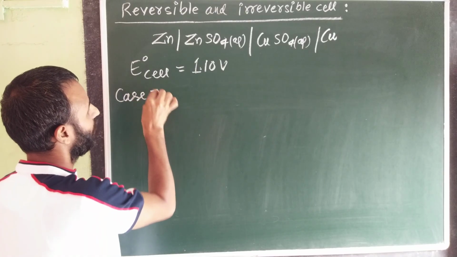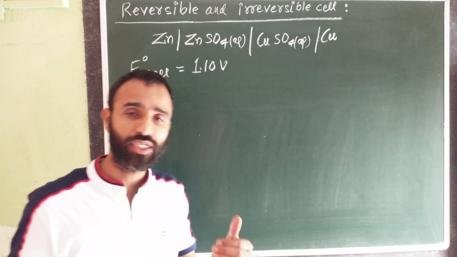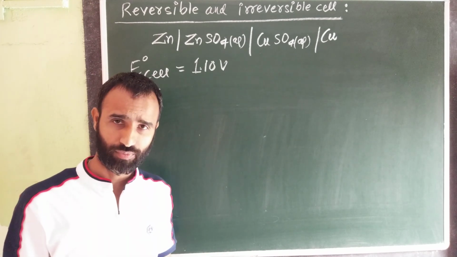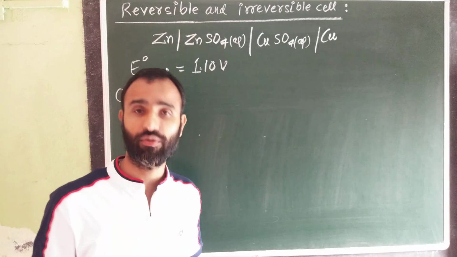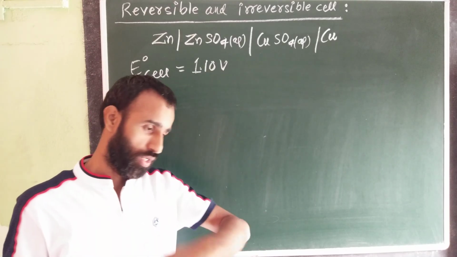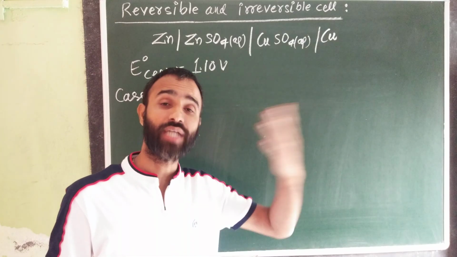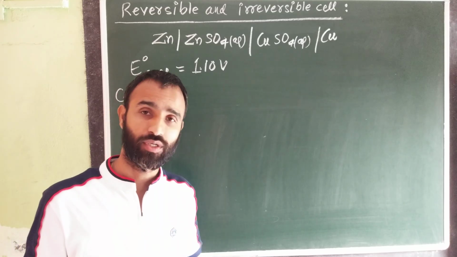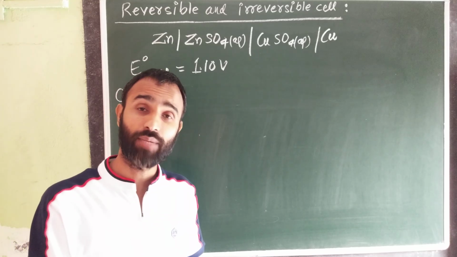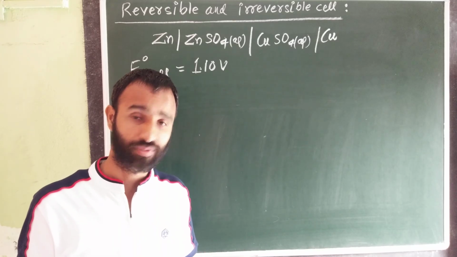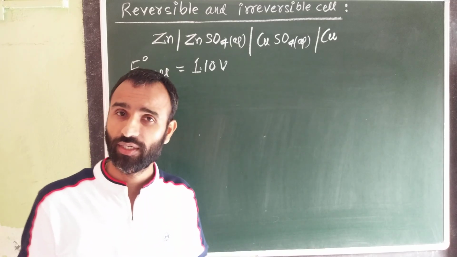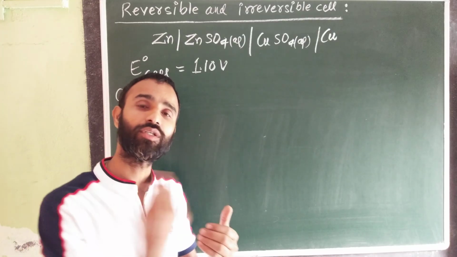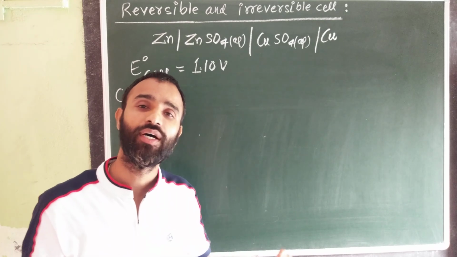According to the reversible cell condition, to check whether it is reversible or not, we apply an opposing EMF. If the value of the opposing EMF is equal to the value driving the reaction, then the reaction stops. No reaction takes place. If the opposing EMF is greater than that, then the reaction is reversed. If it is smaller than the one acting, then the reaction keeps on going in the same direction.